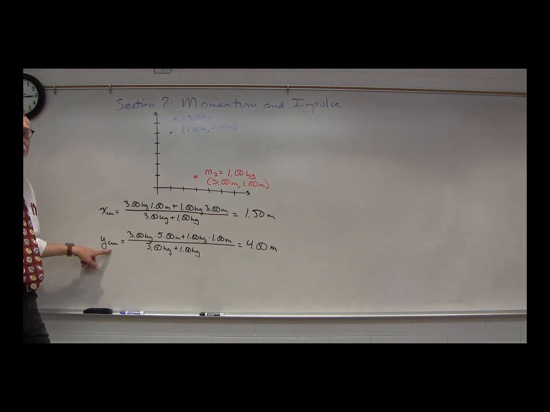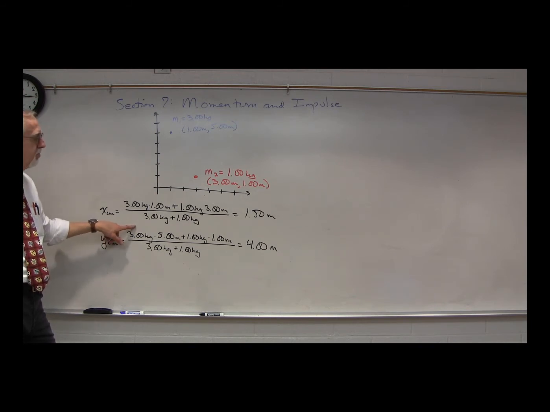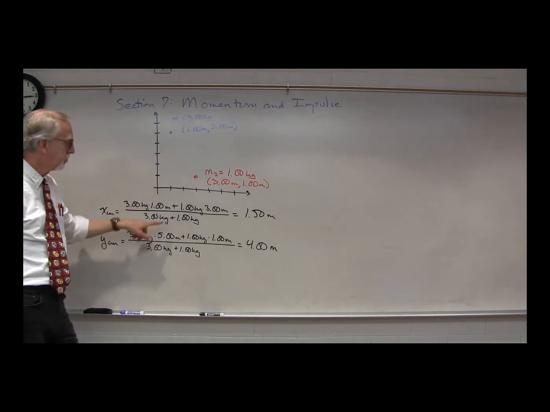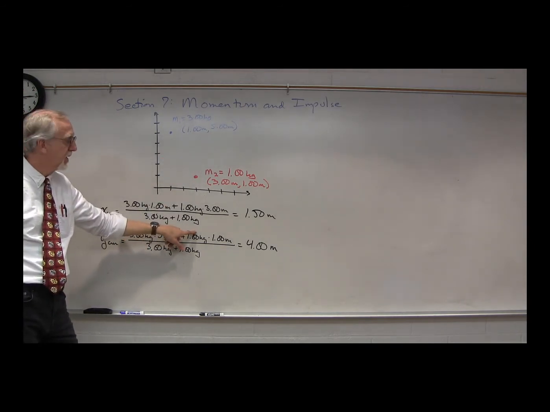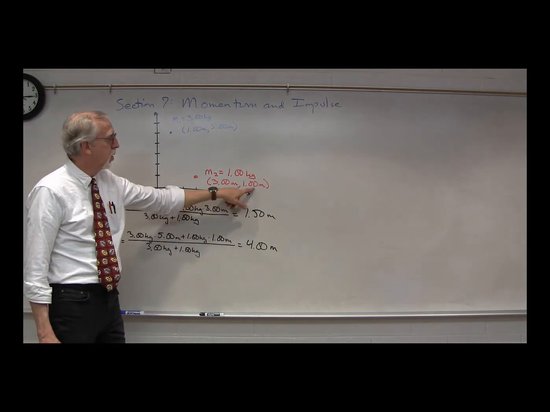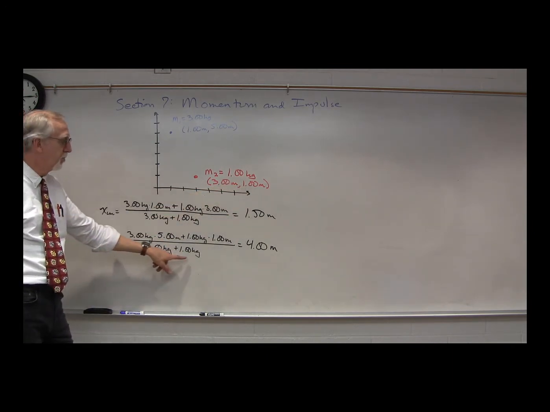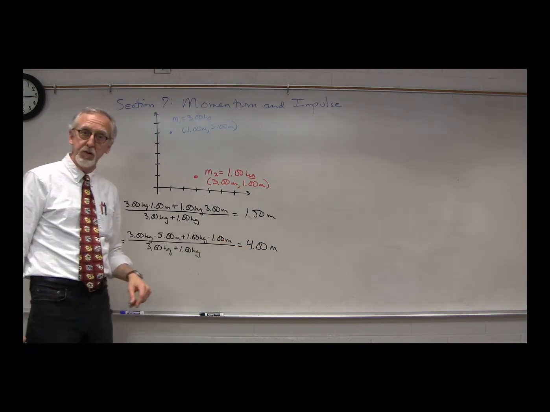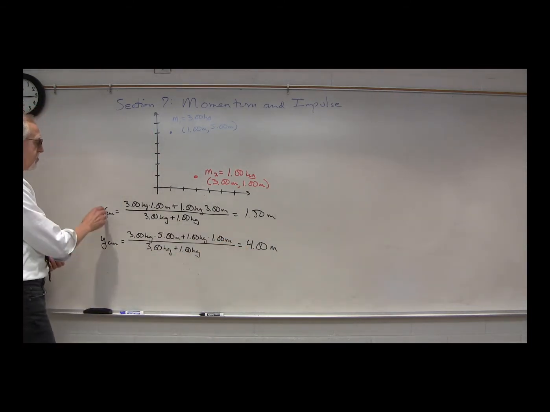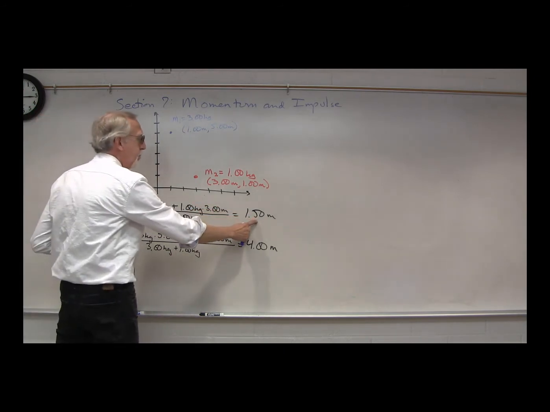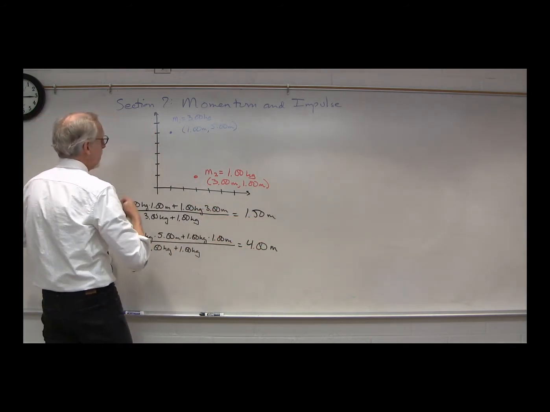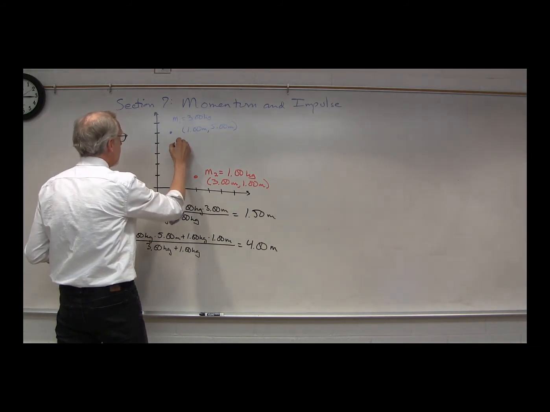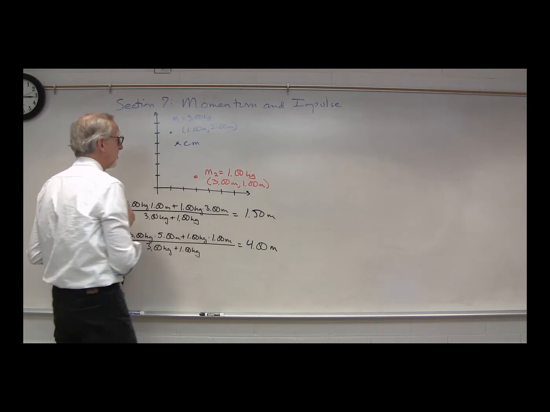The y center of mass will be m1, 3 kilograms, times y1, which is 5 meters, plus m2, 1 kilogram, times y2, 1 meter, over m1 plus m2, again. Multiply that out, and we get 4 meters. So that means the center of mass is at the point 1.5 meters, 4 meters, right around there. That's where the center of mass is.